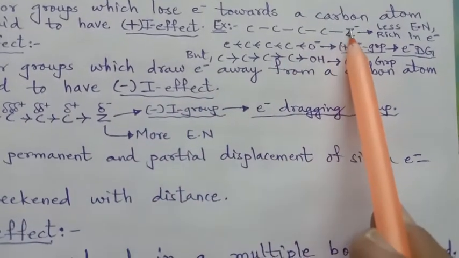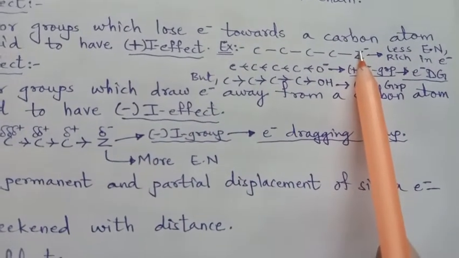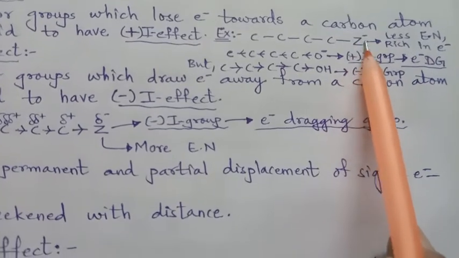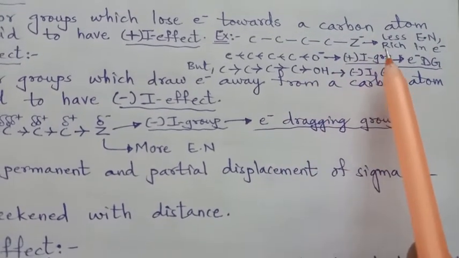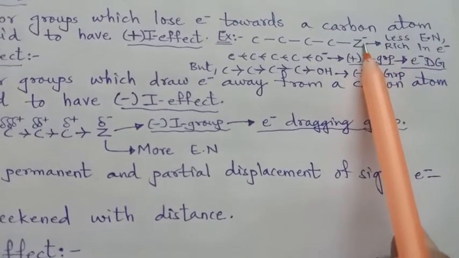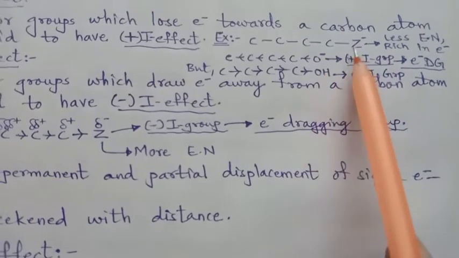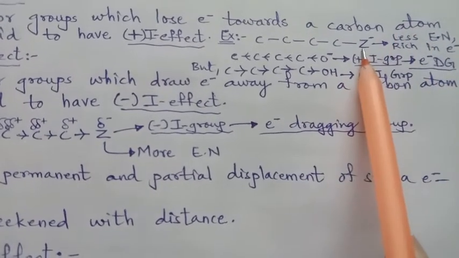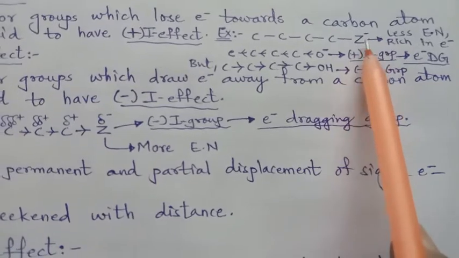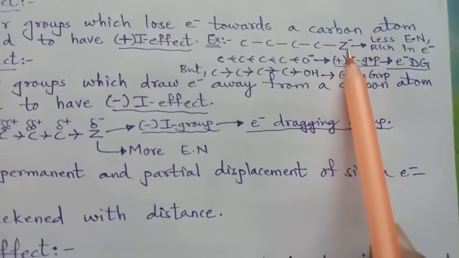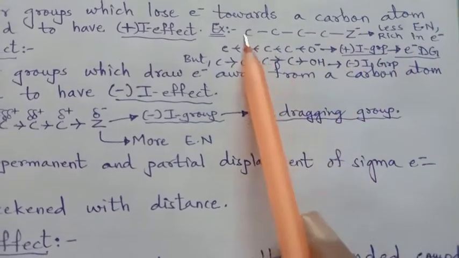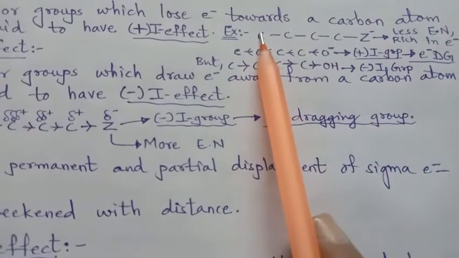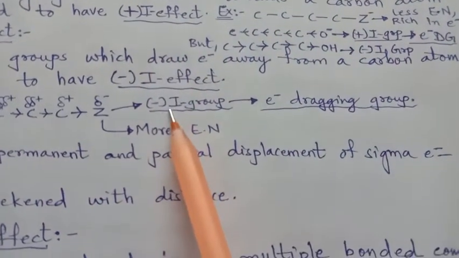So when it is having more electrons, what will it do? It is considered less electronegative because it is not in need of any electrons. So when the less electronegative elements are there, that means they are rich in electrons, so they will donate. And as they donate, the effect is plus I effect, right?